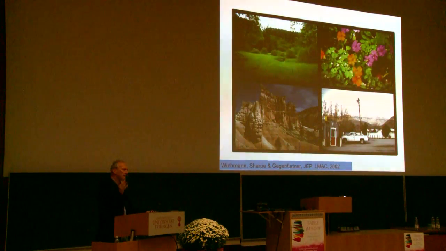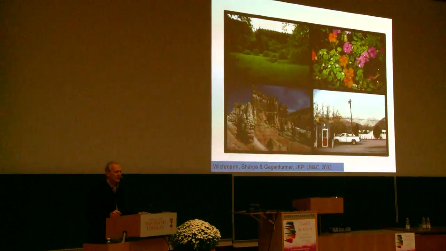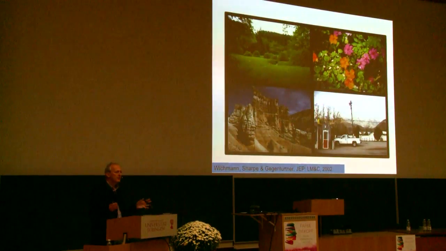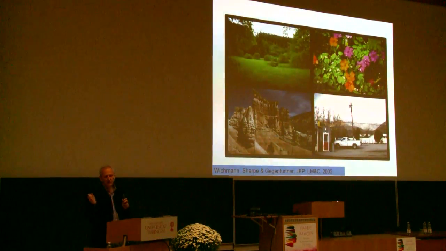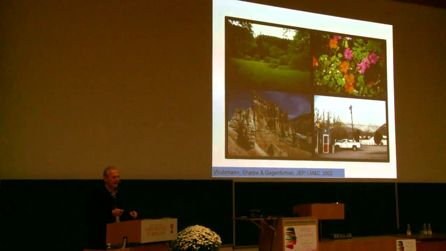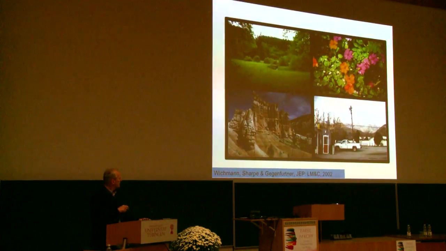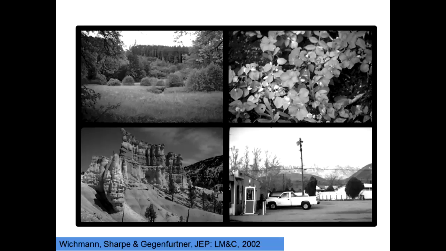Then, after these 50 images were presented, there was a break for a couple of minutes, and then we presented the same 50 images interleaved with 50 new images that the observers hadn't seen before. For each image, they just had to say, I've seen this before, or I've never seen this before. So it's an extremely simple task. And half of the images were shown in color, and the other half was shown in black and white.